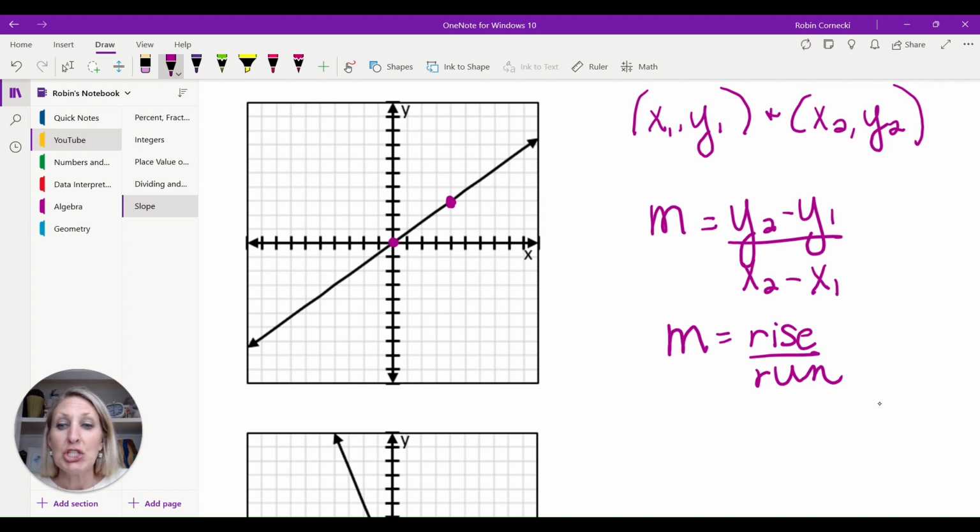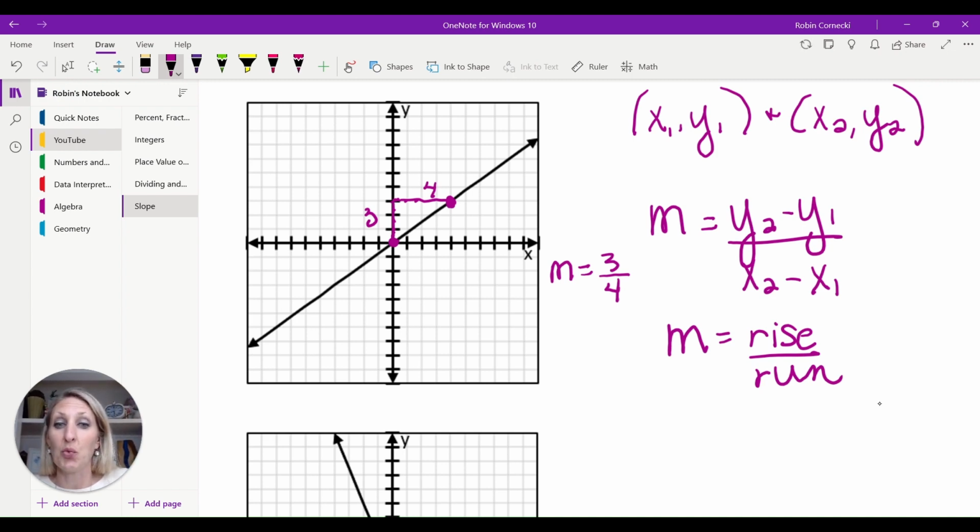To find slope from the graph, we can physically count our rise, 1, 2, 3, and our run, 1, 2, 3, 4. We make a right triangle, and our slope is 3 over 4, 3/4, which is in simplest form.